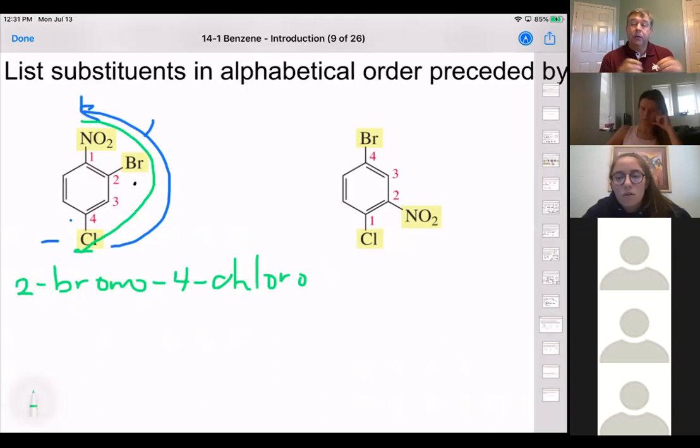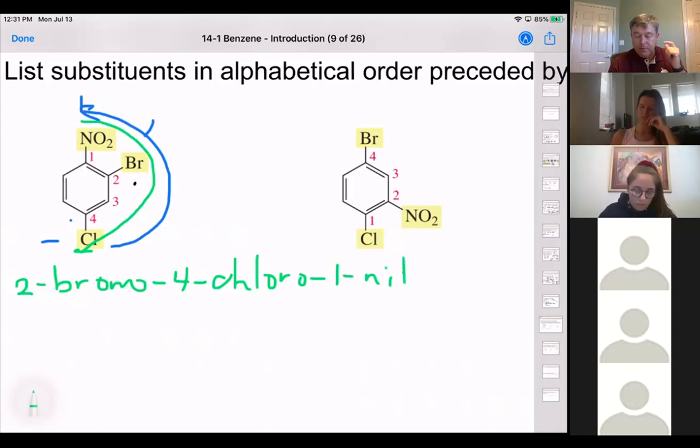Therefore, just like in a long chain where we would say, okay, we have bromo, chloro, alcohol, the alcohol is changing the name, but substituents that don't change the name are always in alphabetical order. Oh, okay. Always trying to number them at the lowest number possible. So it is following the rules. All right, I get it. I understand. Thank you. 4-chloro and then 1-nitro benzene. Okay, so nitro, and there's a Z in here somewhere.